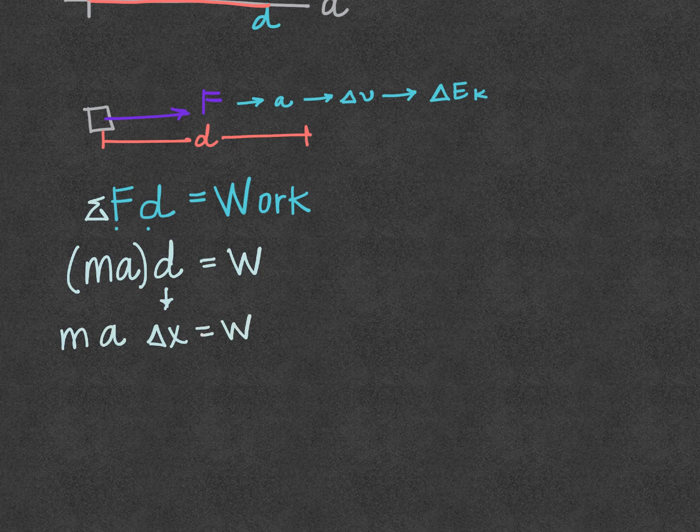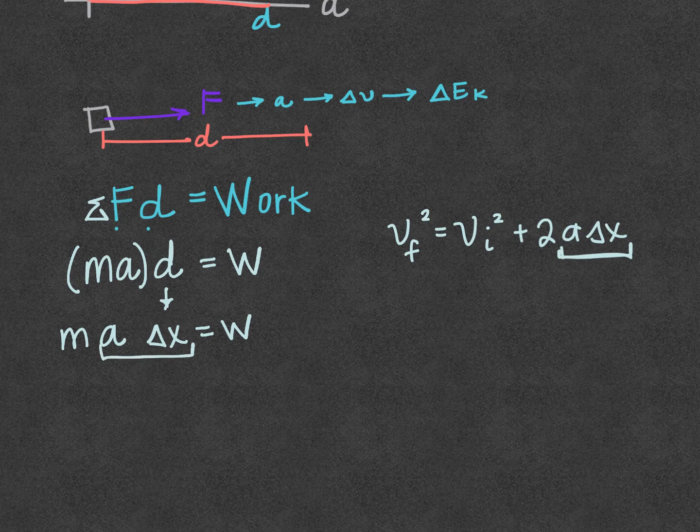Now, earlier, I reminded you that we had v final squared is equal to v initial squared plus 2a delta x. So, I see an a times a delta x here and an a times a delta x here. So, let's solve for this a times delta x in terms of the velocities and constants.